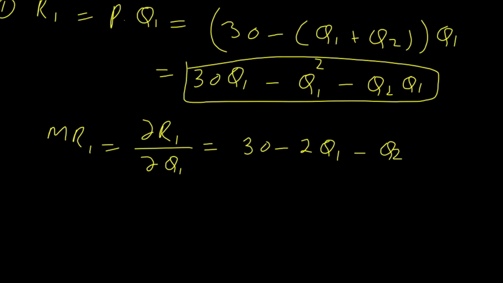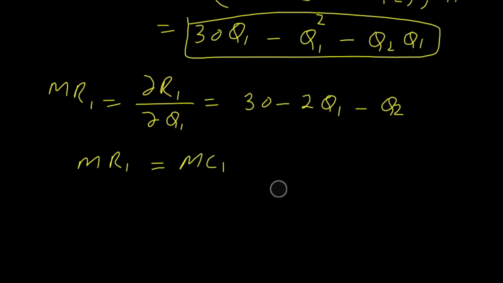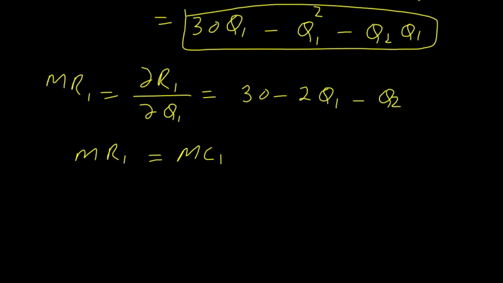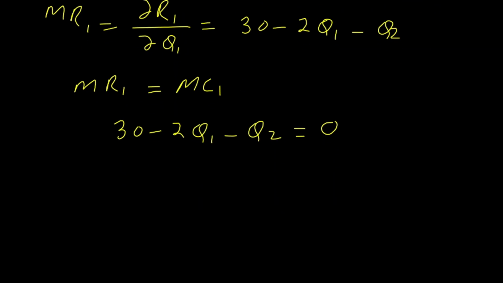The profit maximizing condition is that marginal revenue must be equal to marginal cost, and we have supposed marginal cost is equal to 0, so we can put in the values: 30 minus 2Q1 minus Q2 equals 0, and solve it for Q1.